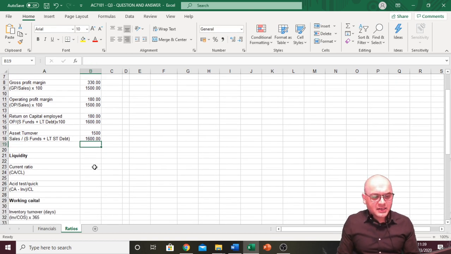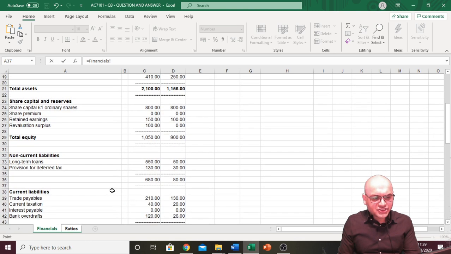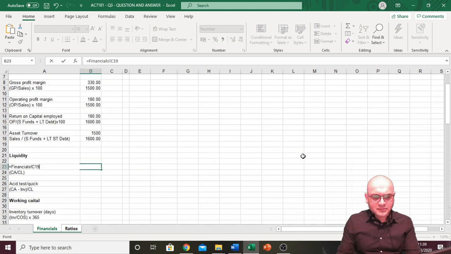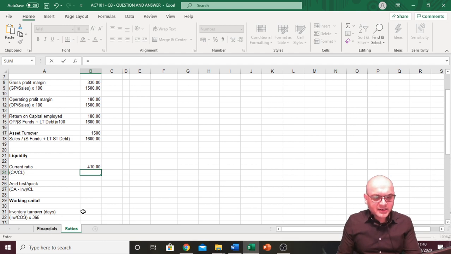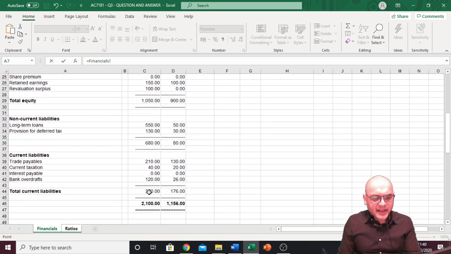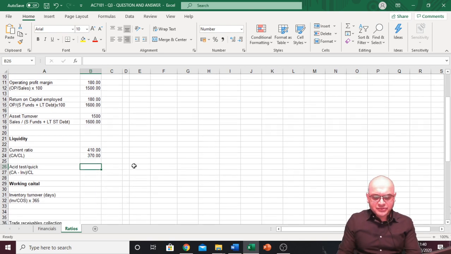Okay, then current ratio, we need current assets. So go to financials and go to current assets section, get the total current assets, and that is divided by current liabilities. So denominator will be current liabilities. Again, we have the total for total current liabilities, take that. Acid test ratio is current assets minus inventory.